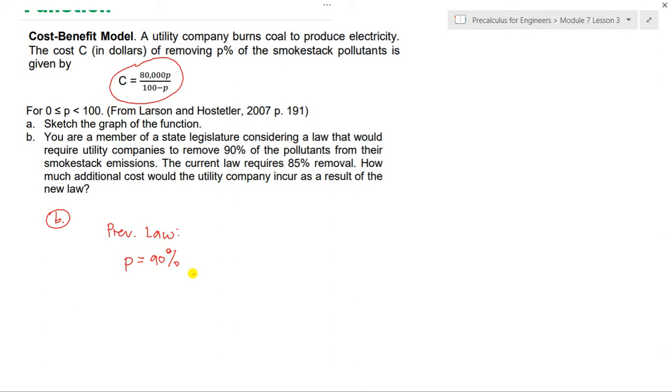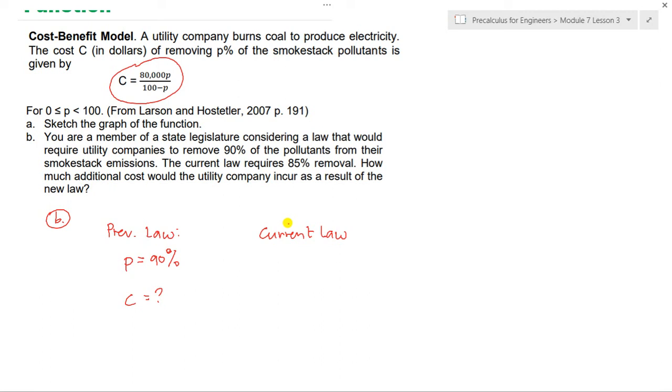Di ba, ang giingon man nga model kay pilay cost sa pag-remove ana. So therefore, sa previous nga law, mao na ato ang cost. Okay? But the current law, nag-require siya og 85% removal. Okay?